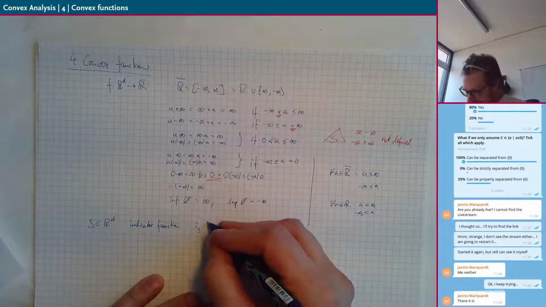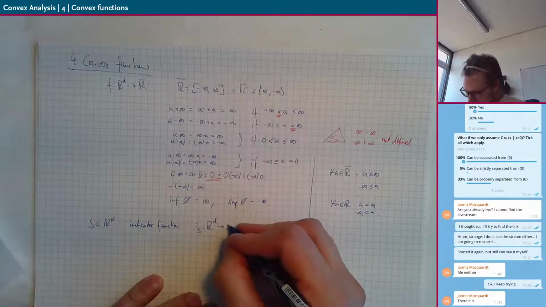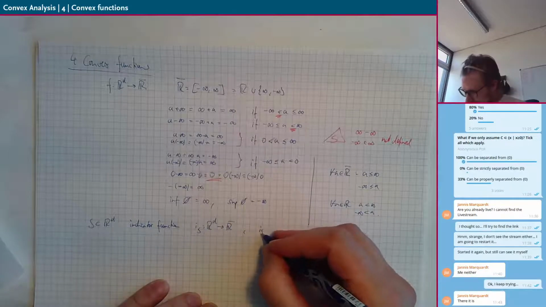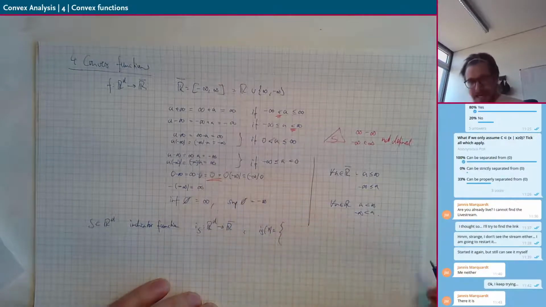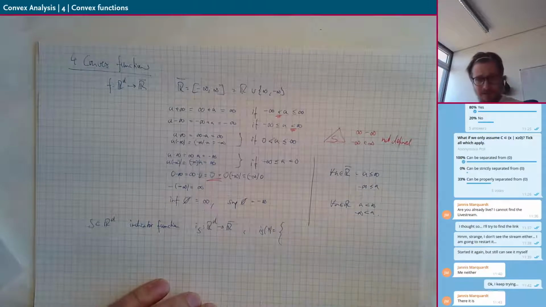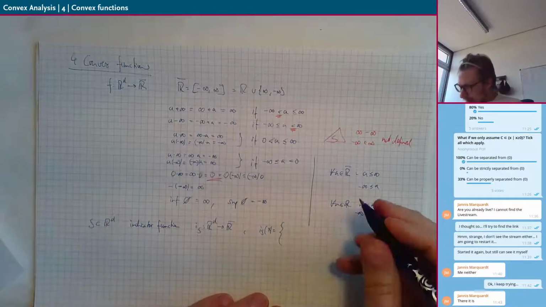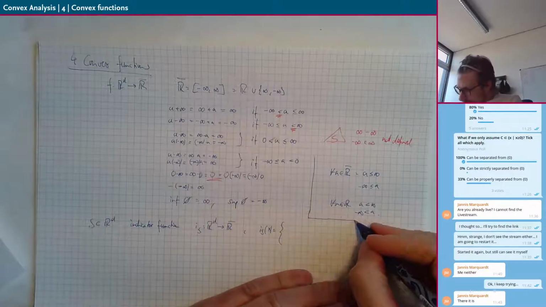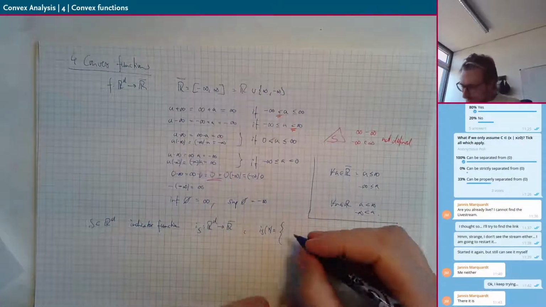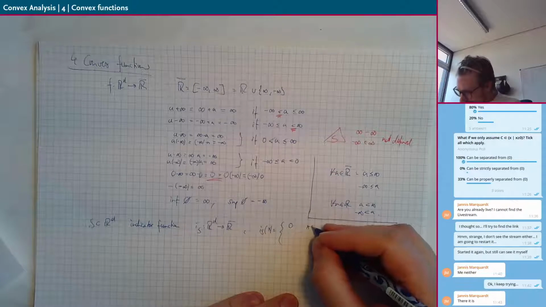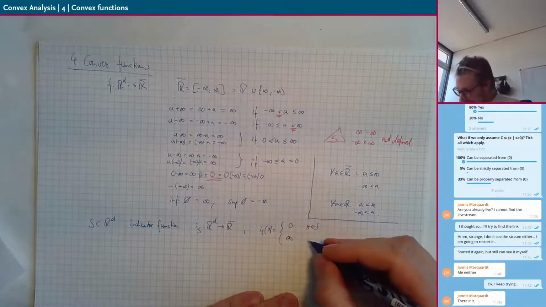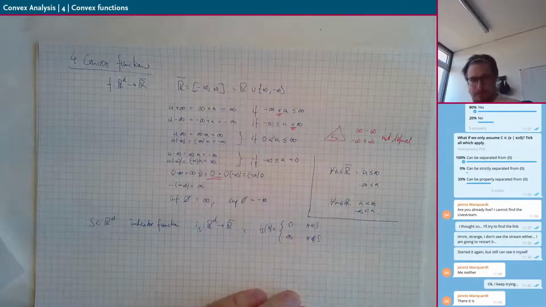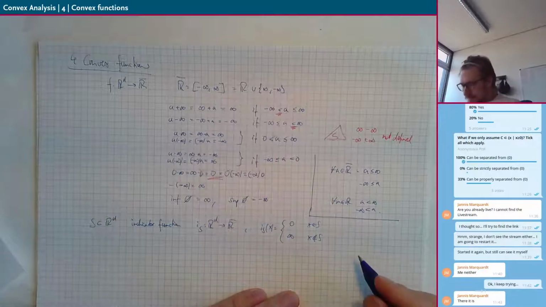That is a function of this type to the extended real line, and it kind of indicates if we are inside or outside the set. Characteristic functions do this by assigning the values 0 and 1. We do it differently. We assign the value 0 if x is in S, and plus infinity if x is not in S. So that's the so-called indicator function.